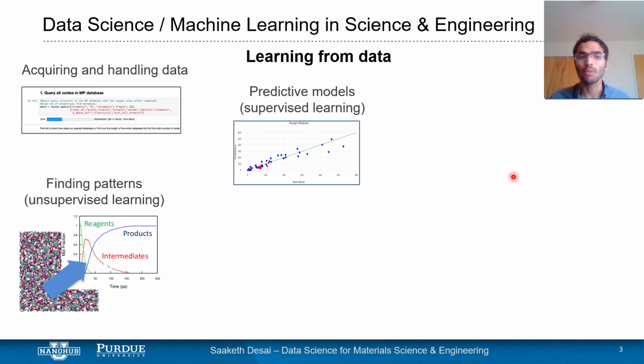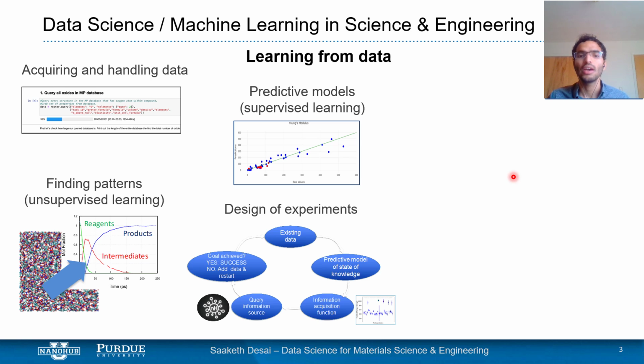Subsequent modules will talk about finding patterns in your datasets, often called unsupervised learning, where the goal is to often reduce a high dimensional problem into a low dimensional space and find patterns in your data that best describe it. And subsequent modules will also cover design of experiments, where we use machine learning methods to inform the next experiment that should be conducted to achieve an optimal material faster than possible with brute force or with scientific intuition.